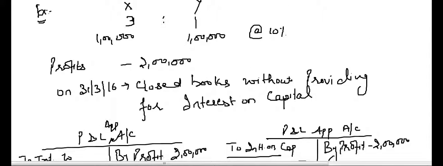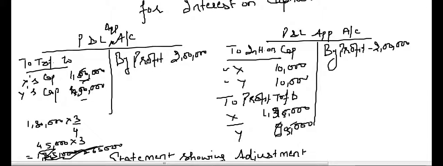We say that there are two partners, X and Y, sharing profits in the ratio of 3:1. The capitals are 1 lakh and 1 lakh. Interest to be paid at the rate of 10%. Profits are 2 lakh. Now on 31/3/2016, they closed the books without providing for interest on capital. So that means they prepared the P&L appropriation account as profit 2 lakh, and they straight away distributed this profit among the partners in the ratio of 3:1.